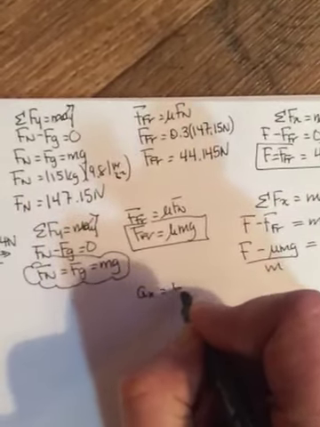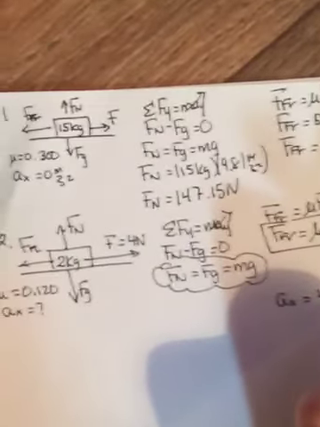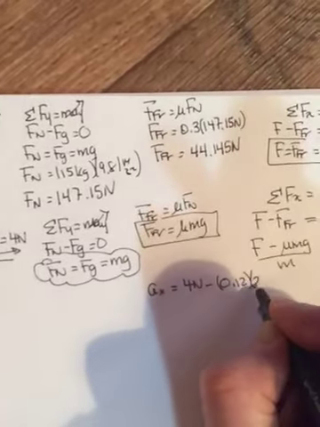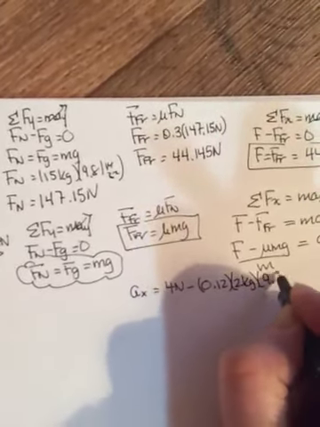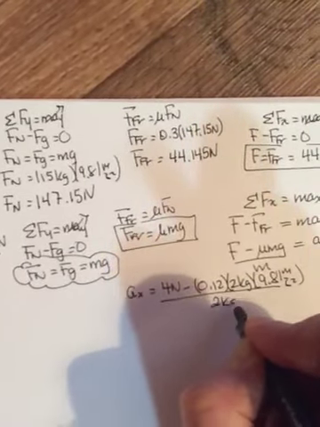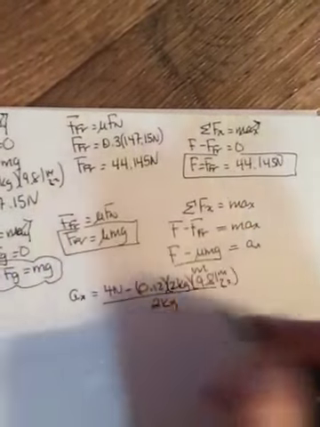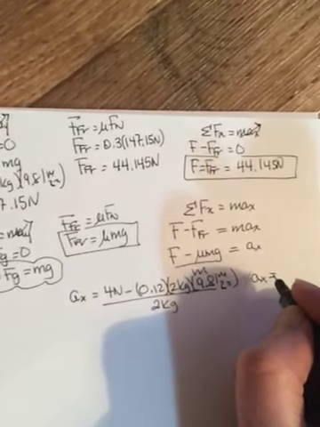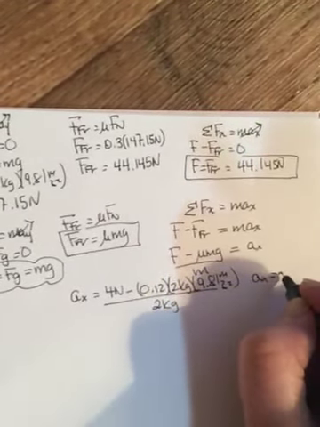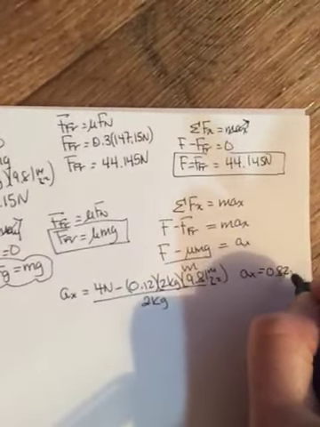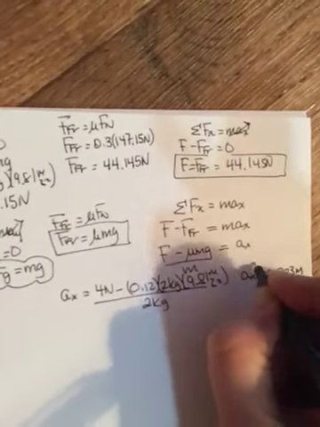So a_x is equal to 4 newtons minus 0.12 times 2 kilograms times 9.81 meters per second squared, and then divided by 2 kilograms. So I would wait and fill my numbers in here. That way I don't have to worry about rounding. I don't have to worry about units until the very last step. And then when we do that, you should get 0.823 meters per second squared. Okay, so that's number 2.